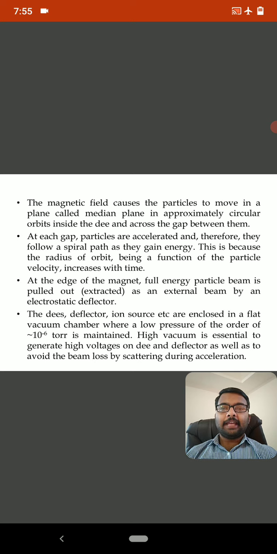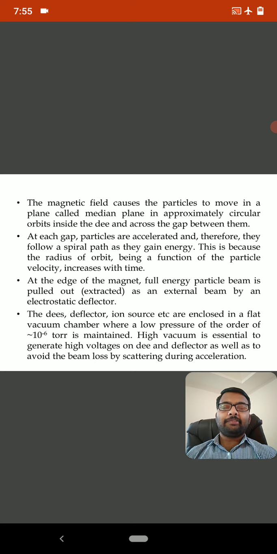At each gap, particles are accelerated and therefore they follow a spiral path as they gain energy. So at each gap, that is the gap between the two Ds, the particles will be accelerated. Because of that acceleration, the velocity is increasing, and only then can we say that the charged particles are accelerated.